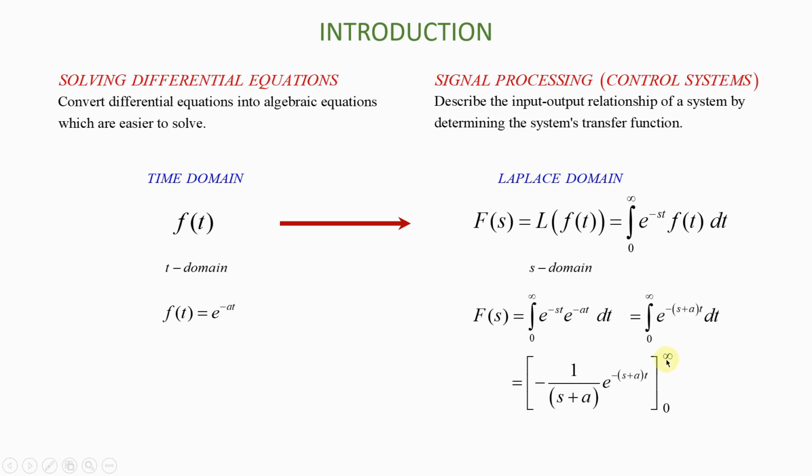Okay, and so if you do that carefully, you will find that this will give you 0 if t is infinity. The reason for that is because e to the power of minus s plus a multiplied by t, if you put t as infinity, then you will have e to the power of minus infinity, and that gives you 0. Okay, and so therefore when we replace t by infinity here, what we will get, of course, is 0.